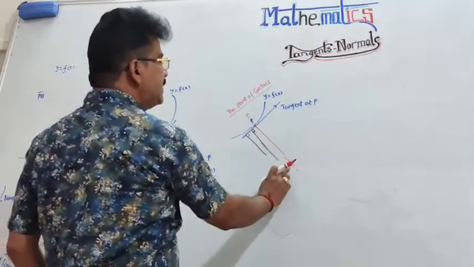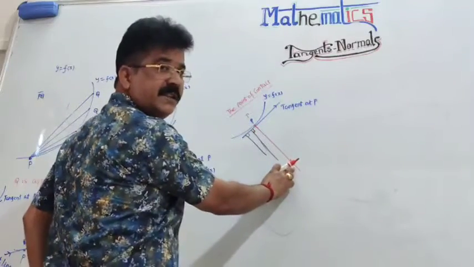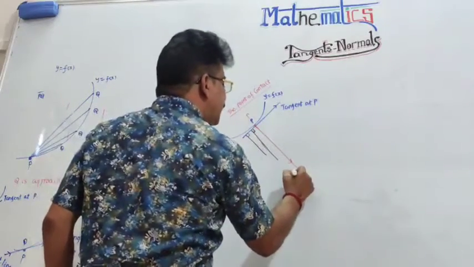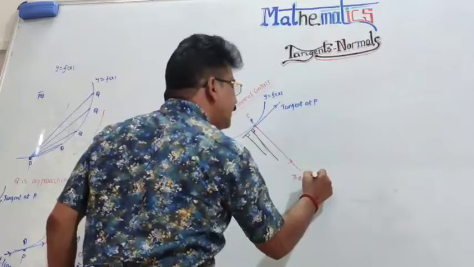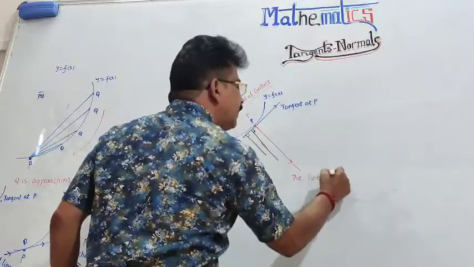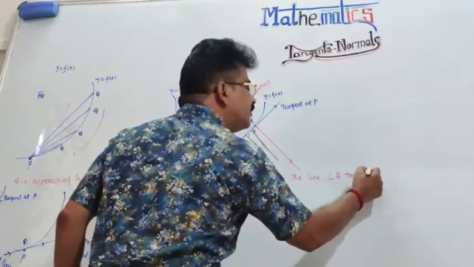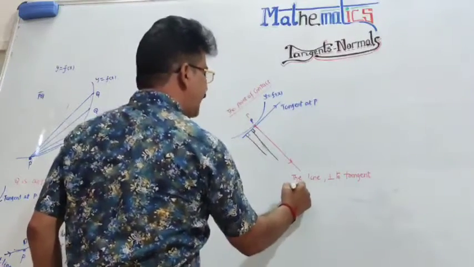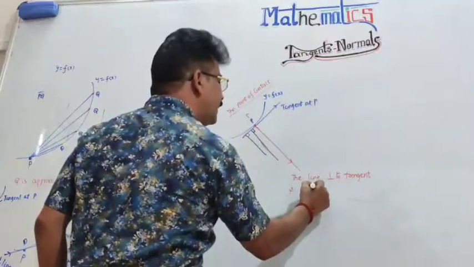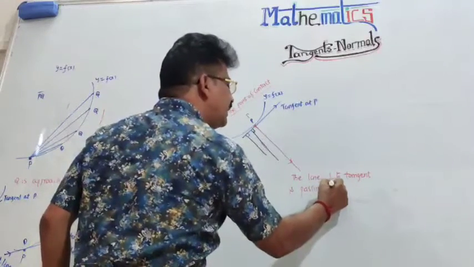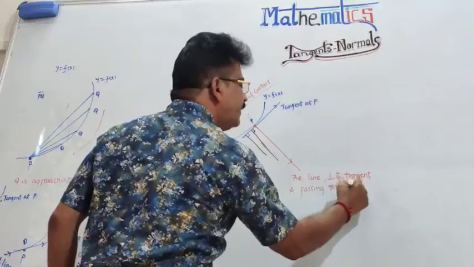Hence, this is the line which is perpendicular to the tangent and passing through the point of contact.